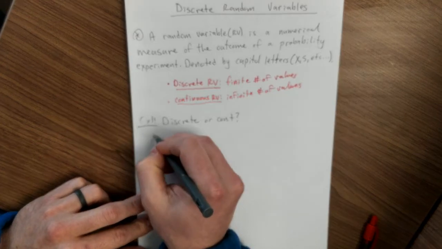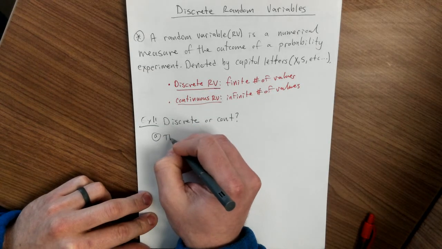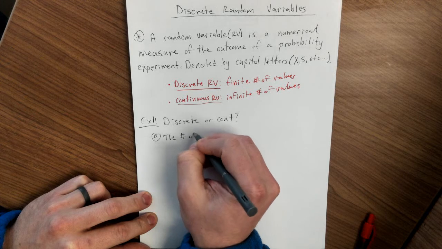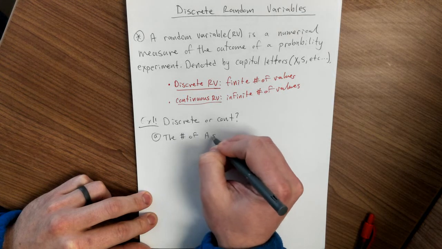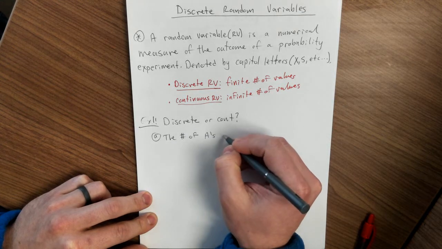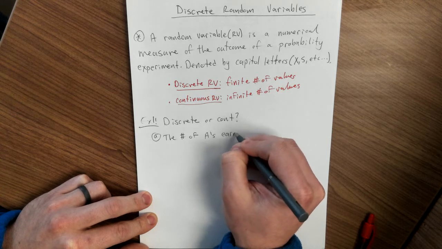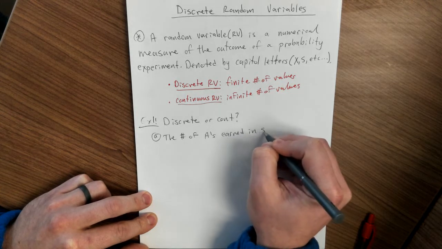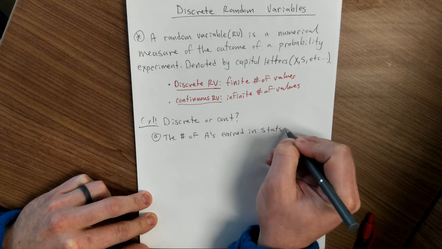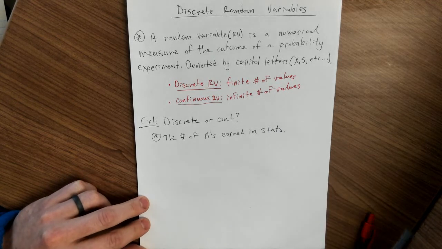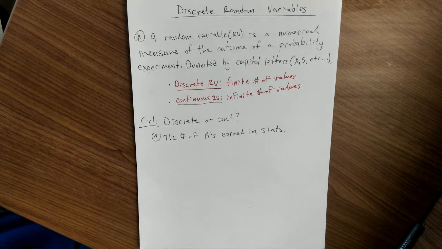In part A, let's say the number of A's earned in stats in this course. So what we want to do here is determine if this is discrete, but we also want to denote it as a random variable.